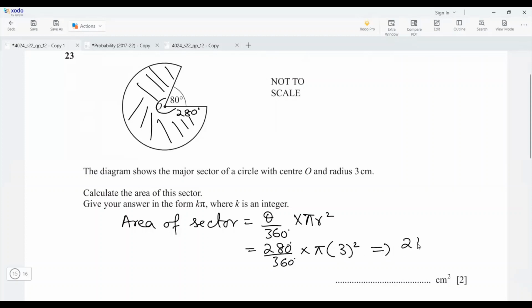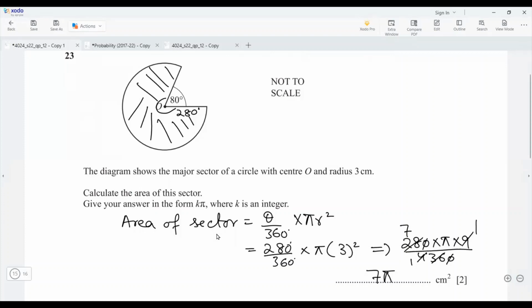We can write down 280 times pi times 9 divided by 360. 0 will be cut with 0. 9 1 times, 9 4 times, 4 1 times, and 4 7 times. Answer is 7 pi centimeter squared for the area of this sector.